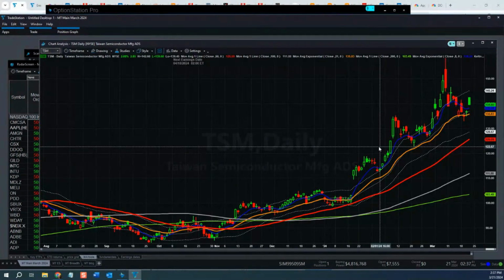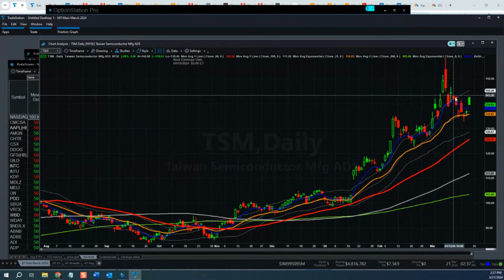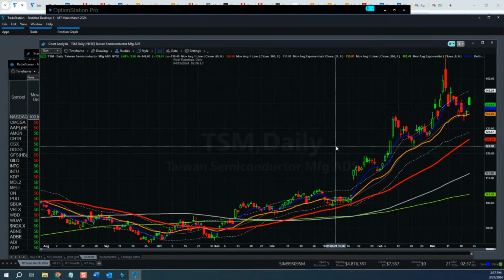Right now, in my perspective, paying a debit to be long names like Taiwan Semi, when you have this short-term downtrend that it's just now trying to break, waiting for a little bit more weakness and thinking of selling some credit to the downside could have more of a risk reward in your favor.